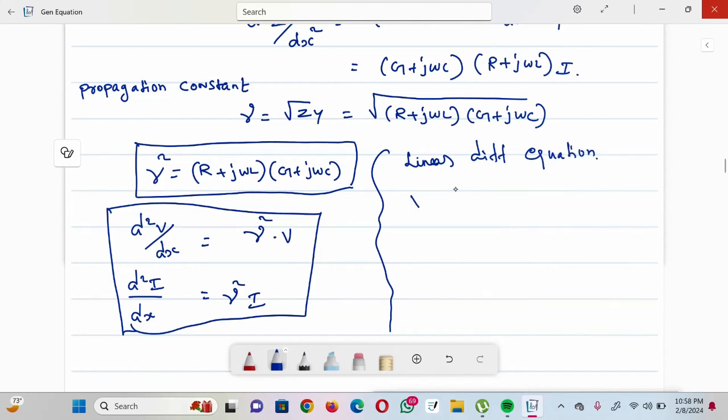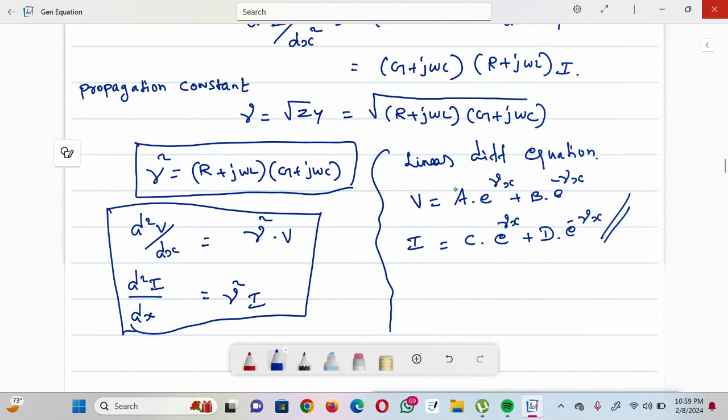So what is the solution? V equals A into e power gamma x plus B into e power minus gamma x, and I equals C into e power gamma x plus D into e power minus gamma x.